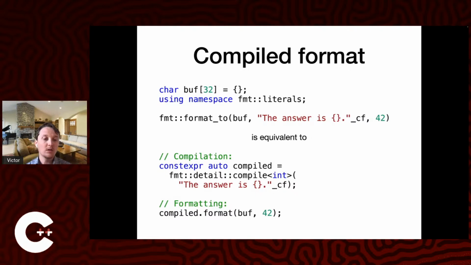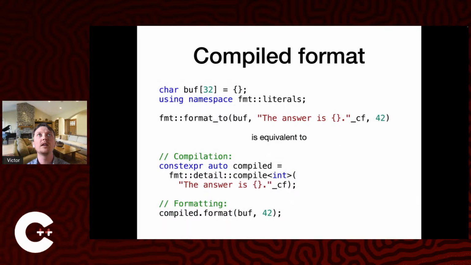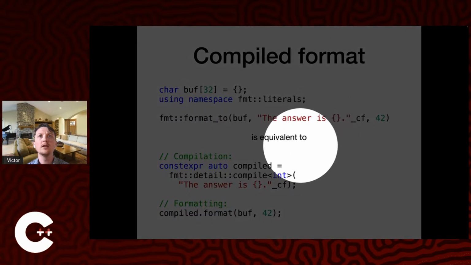If we go back to our original example, we can now guess that it's basically equivalent to a call to compile, which builds the compiled object, and a call to format on this object. So in the upper part of this slide here, we have this example from before. And the first stage is compilation.